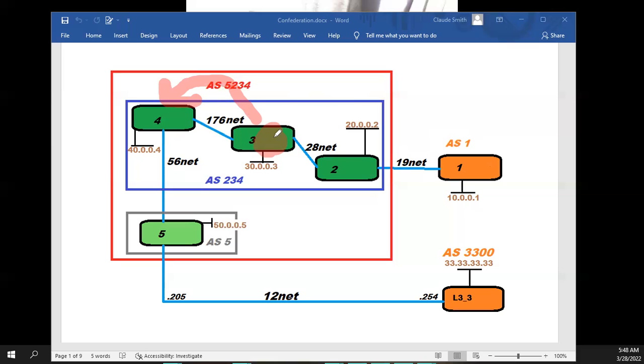That's where route reflectors come into play. Route reflectors will then propagate that information from router 2 that it learned about router 1, this autonomous system number 1 out here. Then router 4 now learns about autonomous system number 1, and it can then propagate down to router 5.